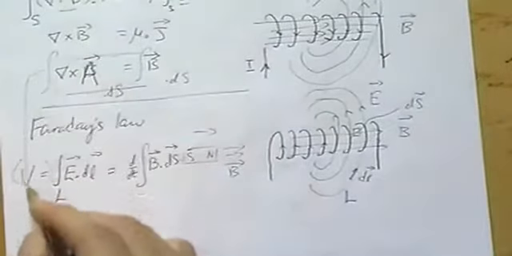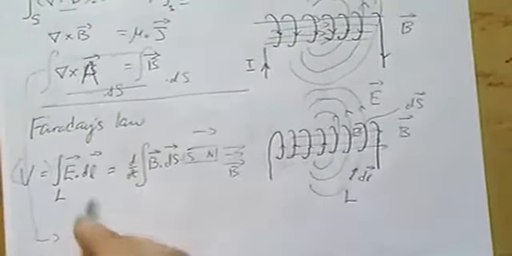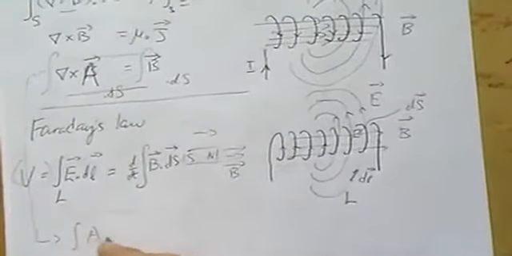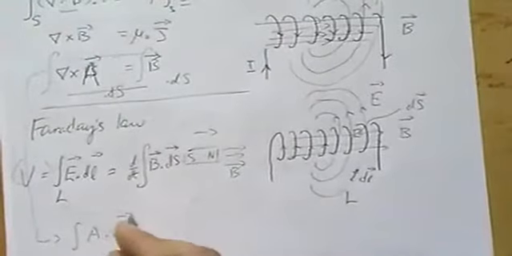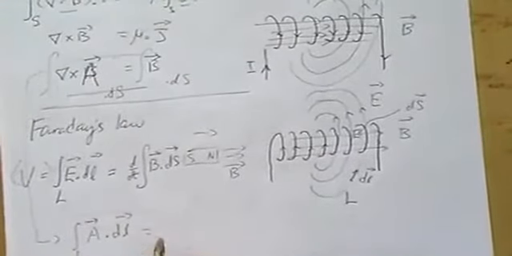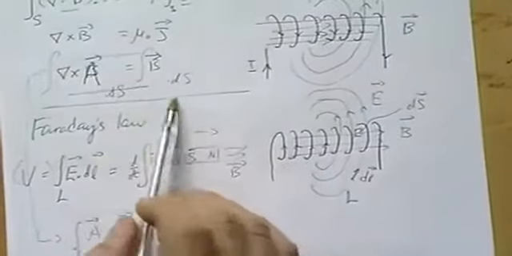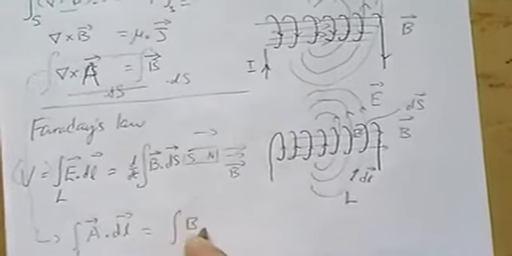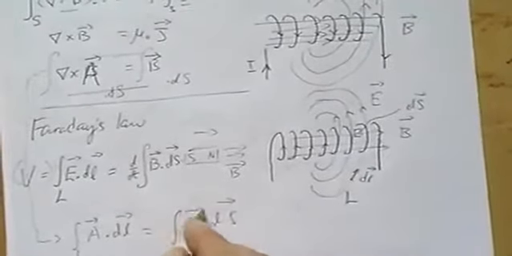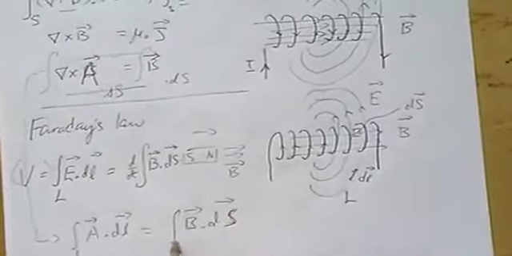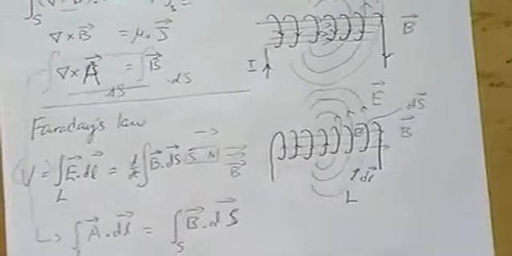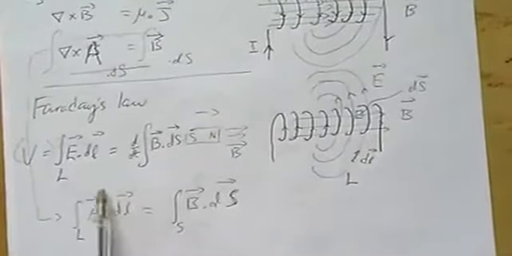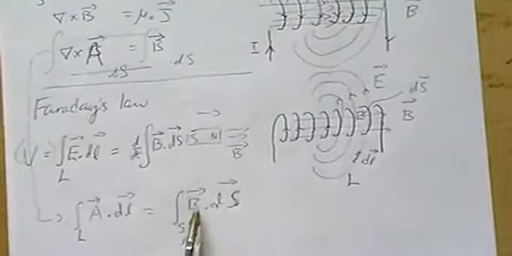So let's write this down here. Using Stokes' theorem on that, I get the integral of A dot dl over the loop L, and on the right side it would be B dot ds over the surface. Now let's compare this with this. You see the B dot ds there and the B dot ds there.